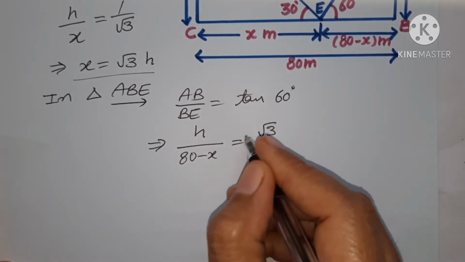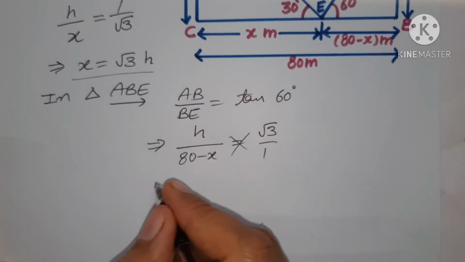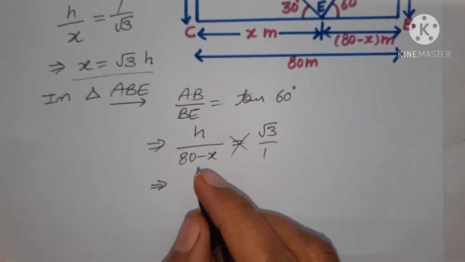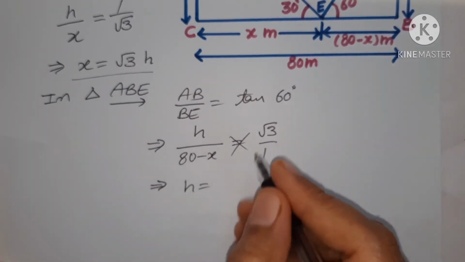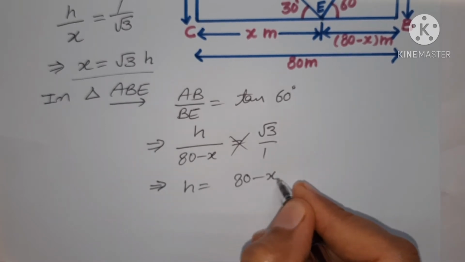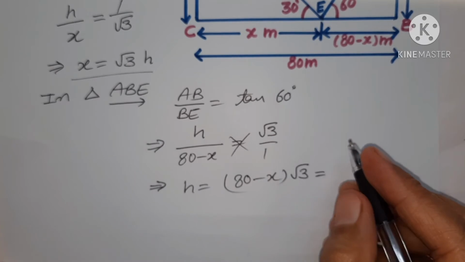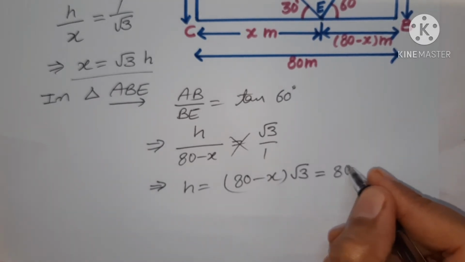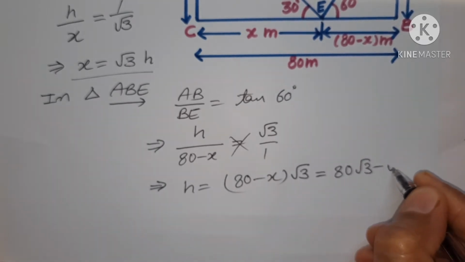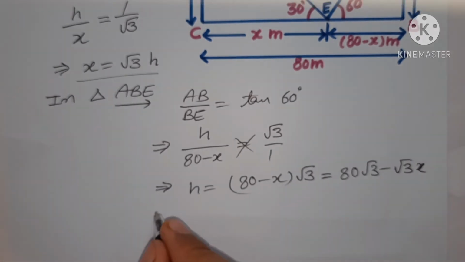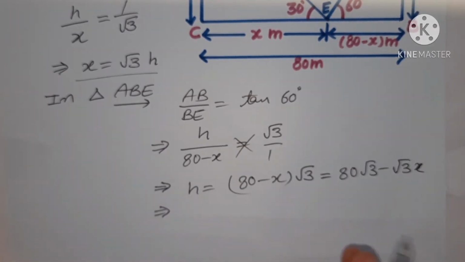Tan 60 is root 3. Cross multiply, so we will get h is equal to (80 minus x) into root 3, or you can open the bracket, it will be 80 root 3 minus root 3x. From here we will find out the value of x.